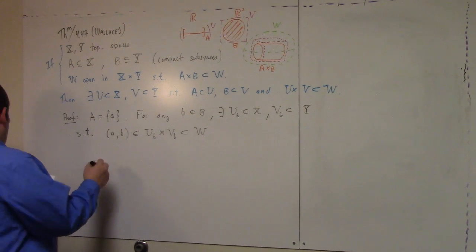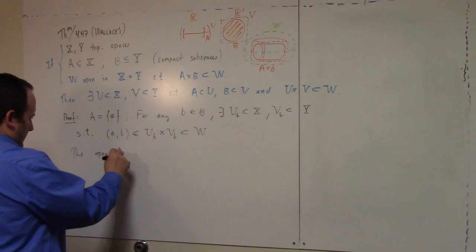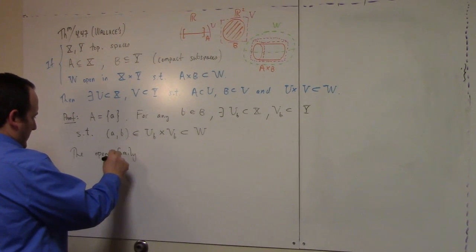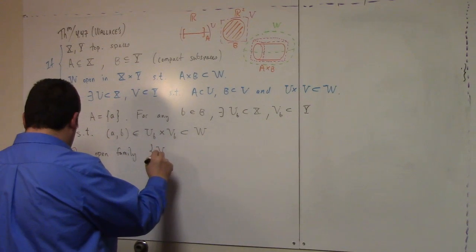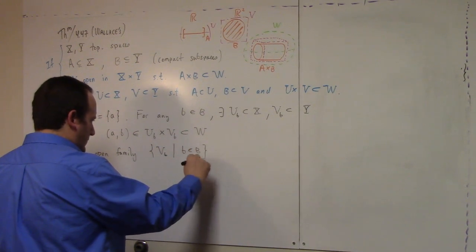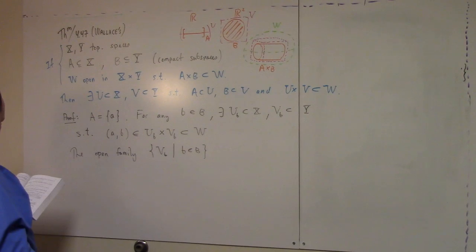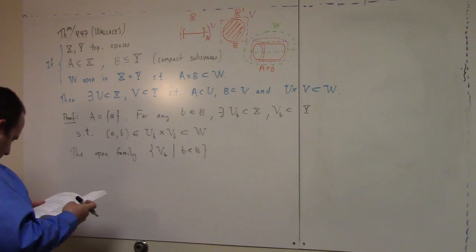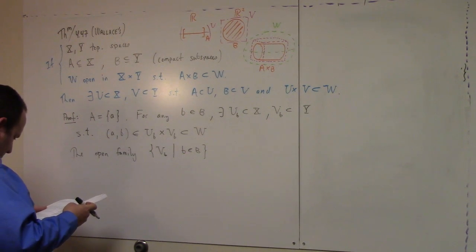Okay, keep going. The open family. I should persevere a little bit longer. Open family V_b such that b is in B covers B. Where are these V's coming from? I'm sorry.